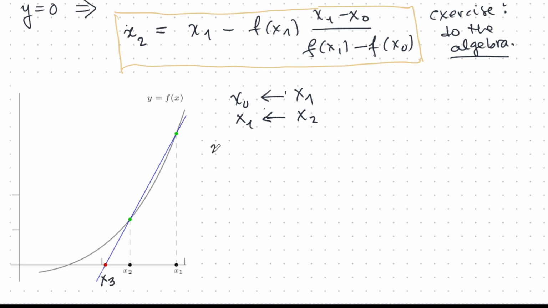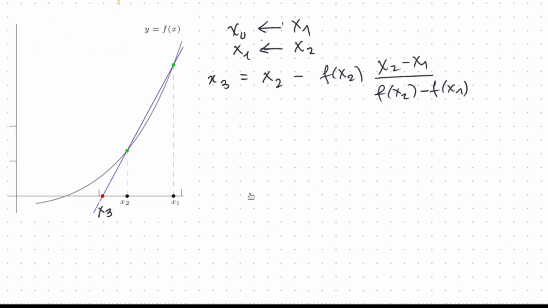So I have here now x3 is x2 minus f of x2 times x2 minus x1 over f of x2 minus f of x1. Yeah, I think that's right. And so on and so on.